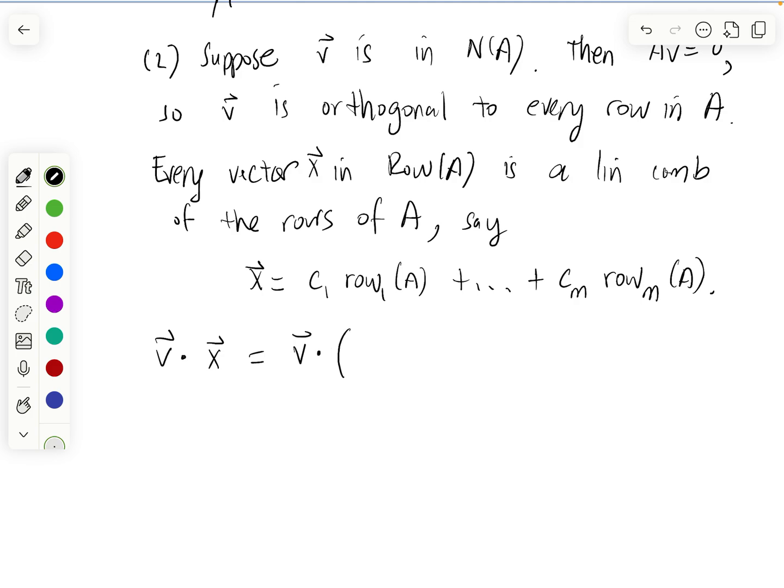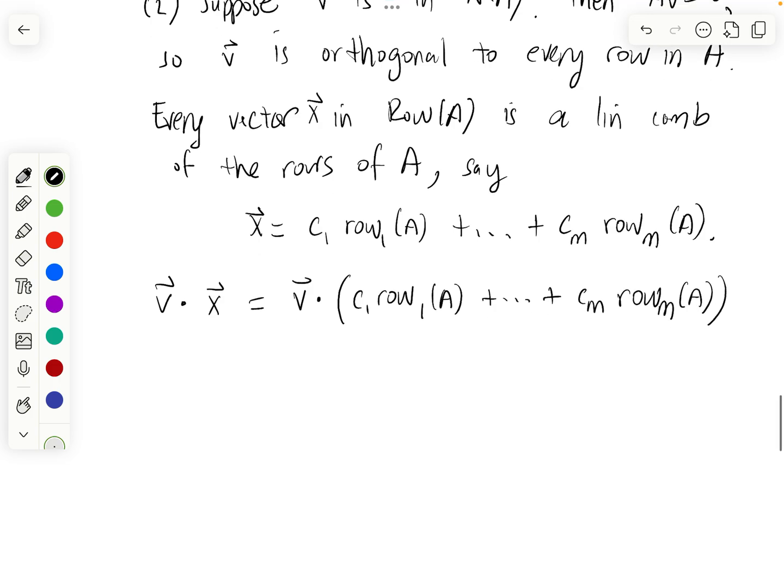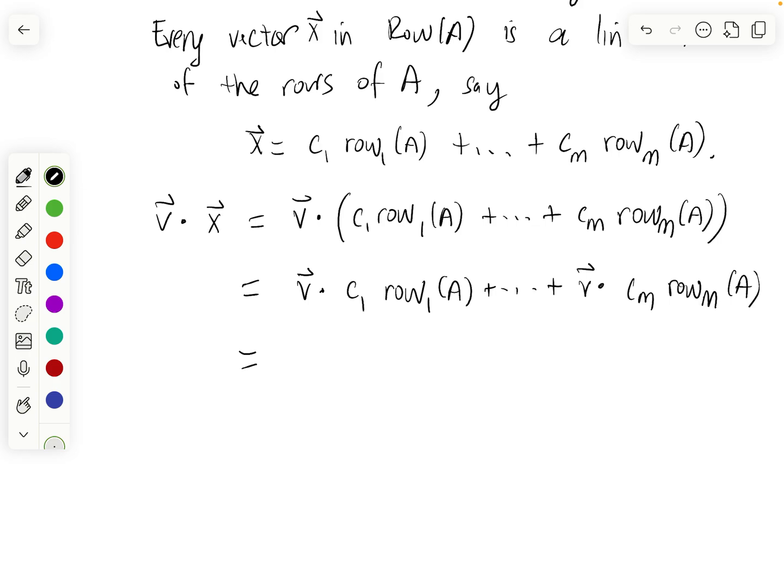It's V dot C1 times row 1 of A plus dot dot dot plus Cm, the scalar, times row m of A. Then you can distribute the dot product, so you get V dot C1 row 1 of A plus dot dot dot plus V dot Cm row m of A. The Ci's are constants, so we can just move them out.